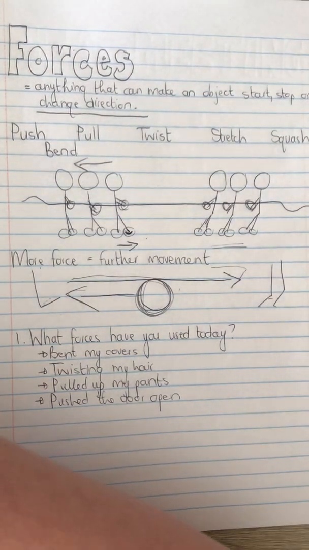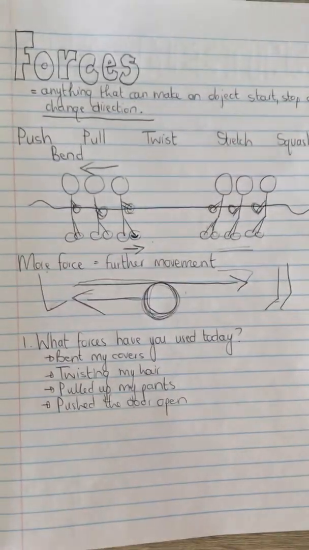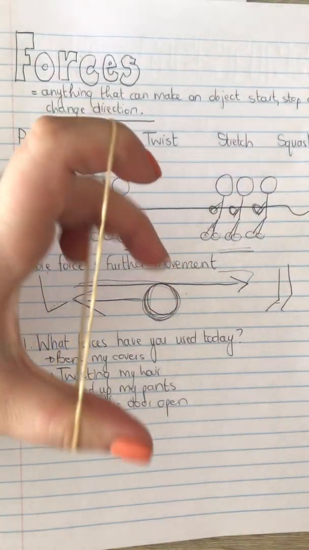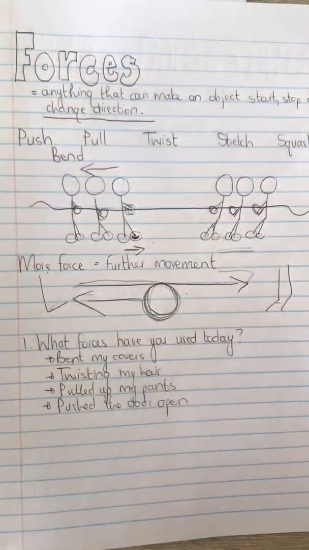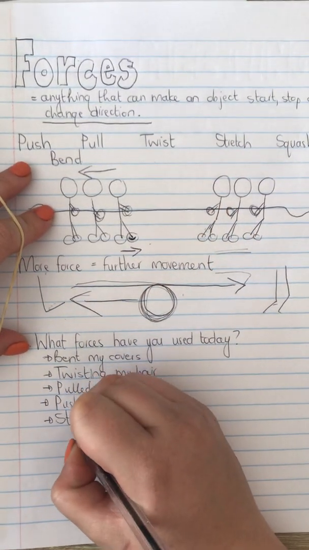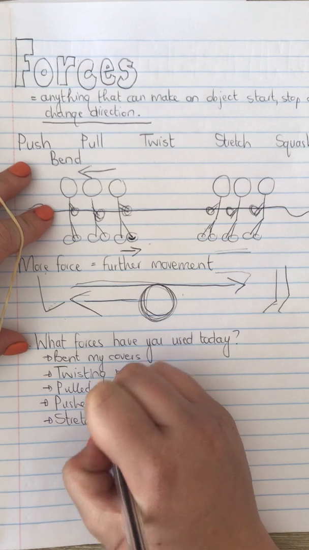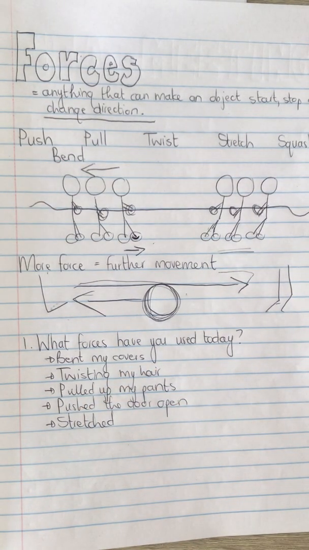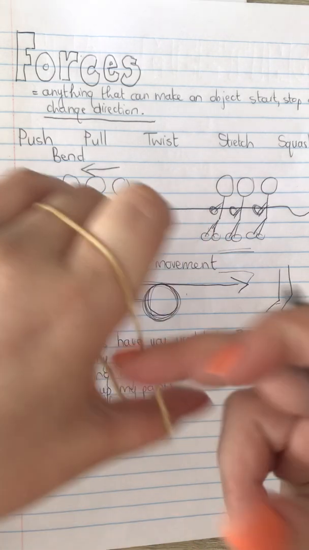Stretch. Okay, let me show you with stretch. I used this for the kids, but for example, this morning when I tied my hair, I stretched my, what is this called? I always want to say a scrunchie, but it's not a scrunchie. My hair band. Well, I'm just going to say elastic.